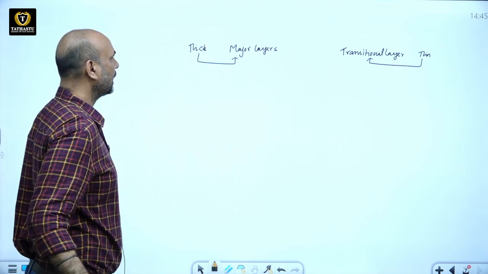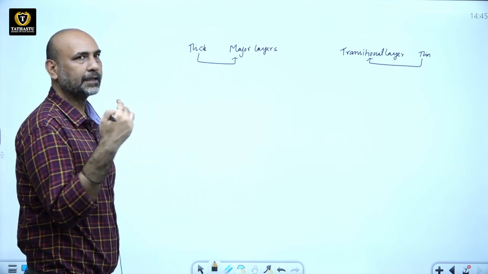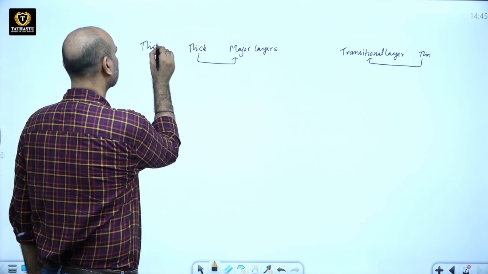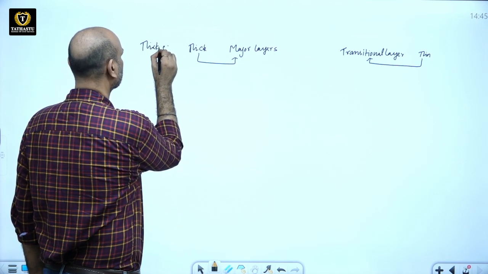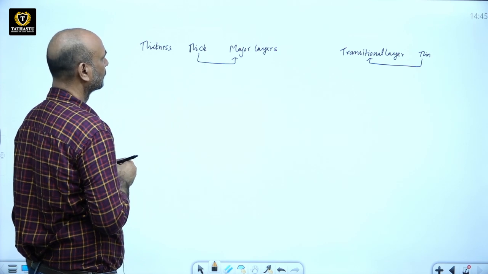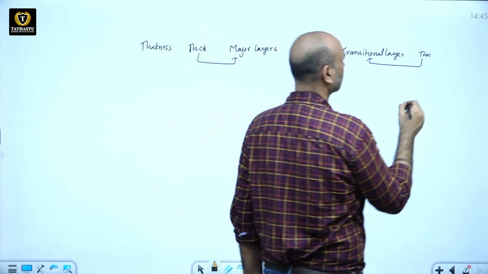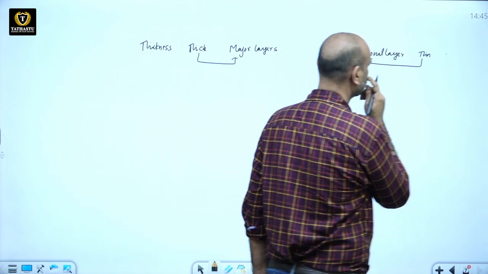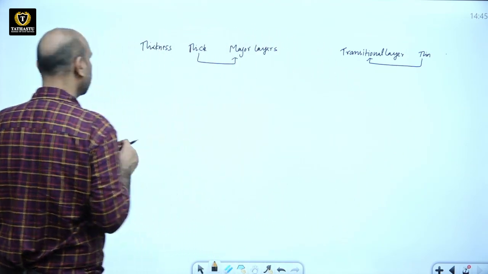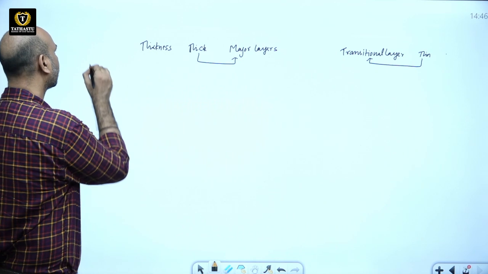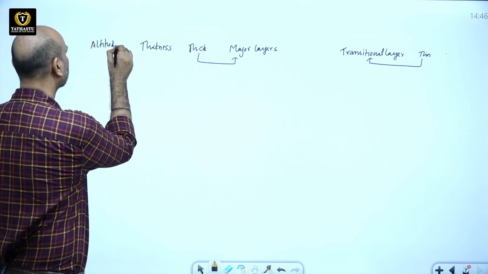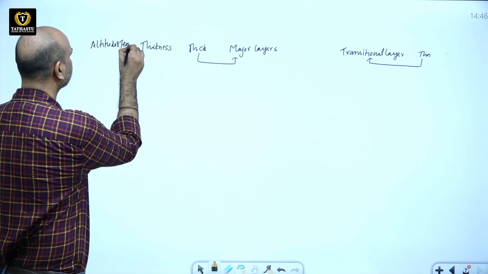Now let us describe their thickness. Their thickness is always measured from sea level. And what is the most important parameter? The interconnection between altitude and temperature.